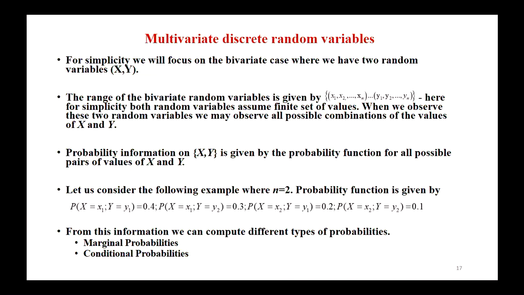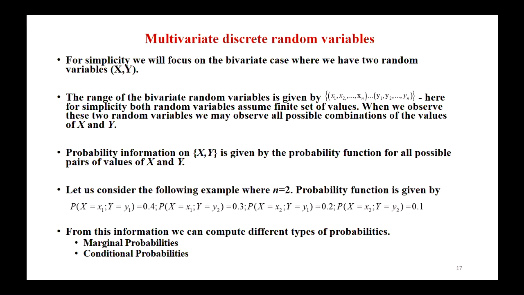All right, let's begin with the discrete case because it's easier. And we're just going to do bivariate. If we have discrete bivariate random variables x and y, the range of those is just the product of the ranges of the two random variables. If x can take values x1 up to xn, and y can take values y1 up to yn, say, then we just need to consider all possible combinations of x and y.